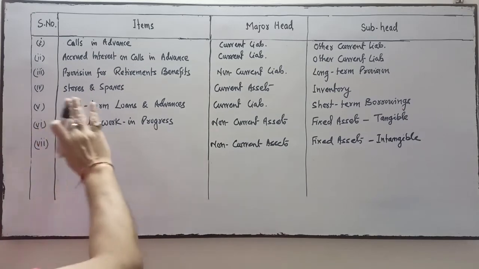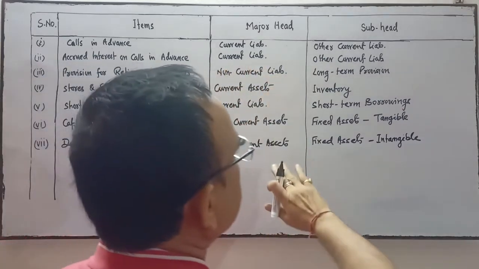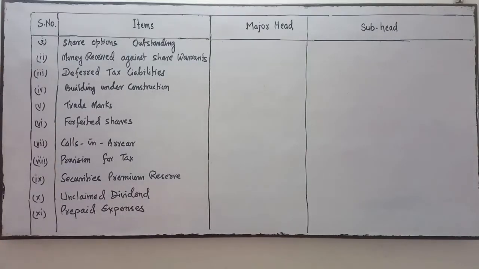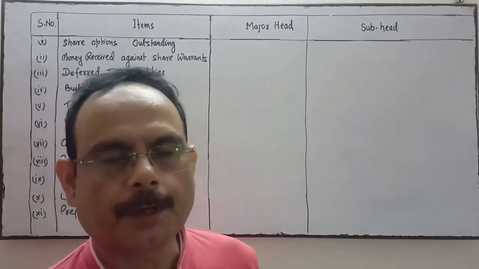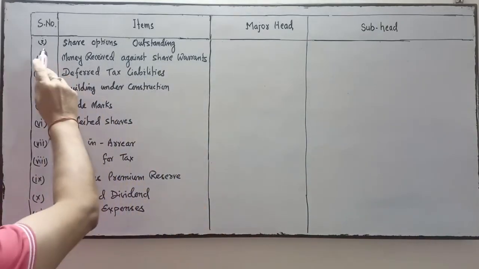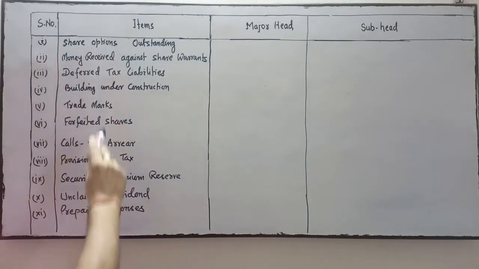So serial number, item, major heads and subheads you have to write. Now we'll solve one problem. The item, I have written the item.